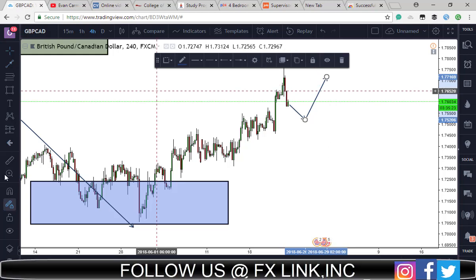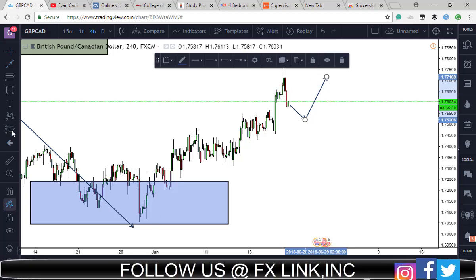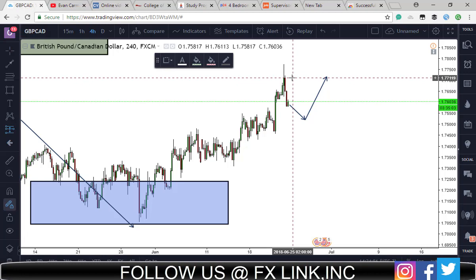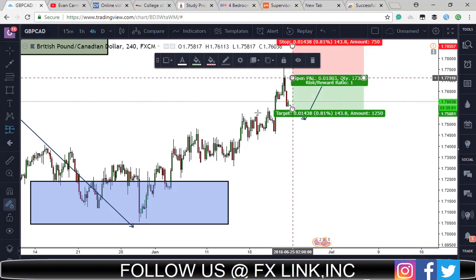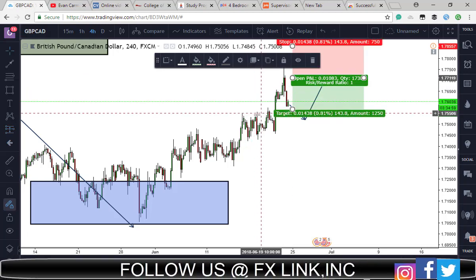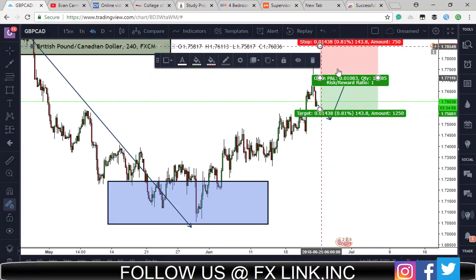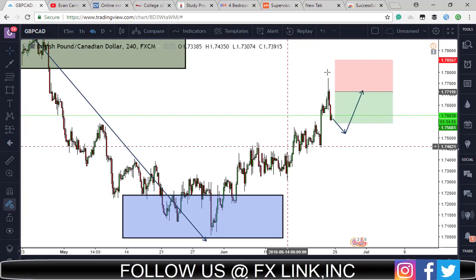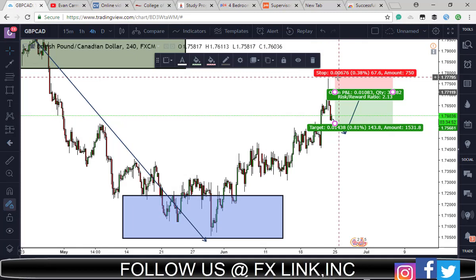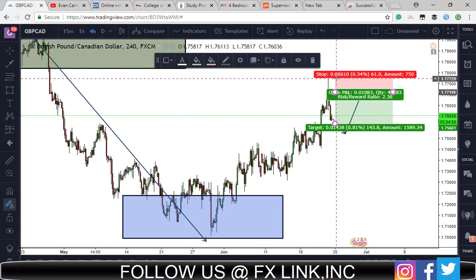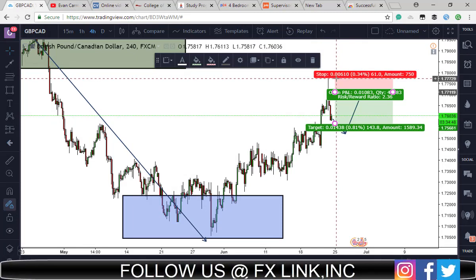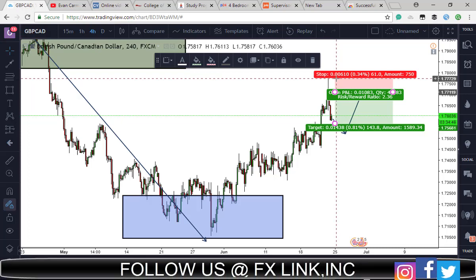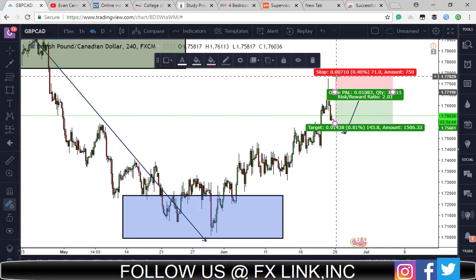So taking our position tool, entry at this area. Stop loss just a few pips above, 61 pips at 77.72, just a few pips up.